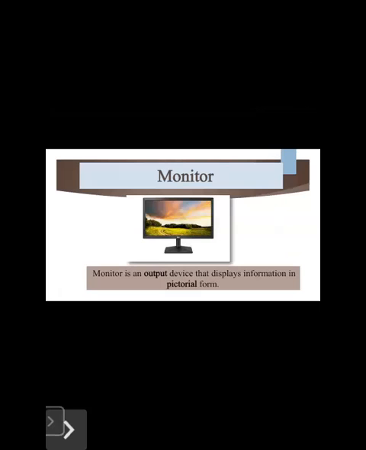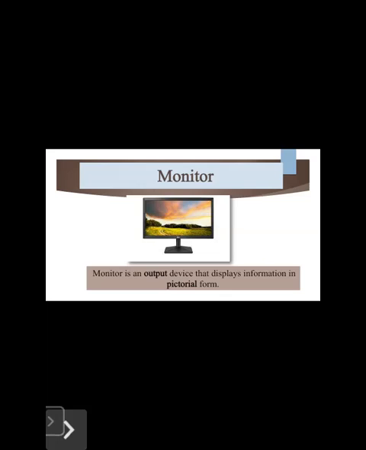Now talking about the first main component of the computer system, and that is monitor. Monitor is a device in a computer system that displays whatever we type in the computer. Whatever commands or instructions we give to the computer, we can easily see the result through this device, that is the monitor.